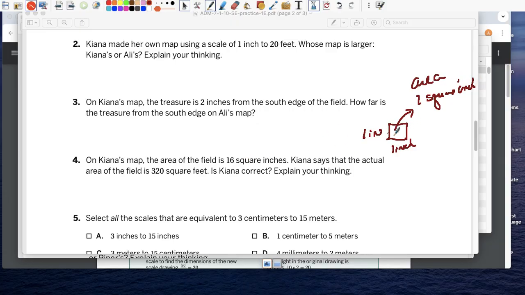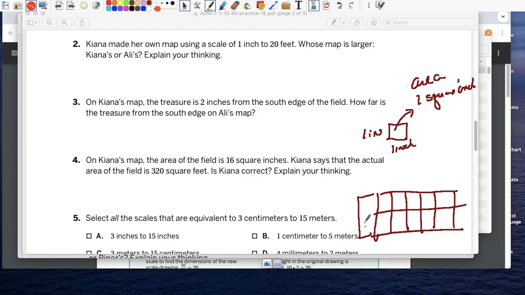So imagine a shape, and inside it 1, 2, 3, 4, 5, 6, 7, 8, 9, 10, 11, 12, 13, 14, 15, 16. So there are 16 one-square-inch units on Kiana's map. The area of the field is 16 of these.